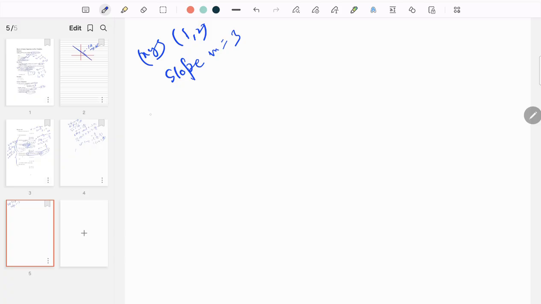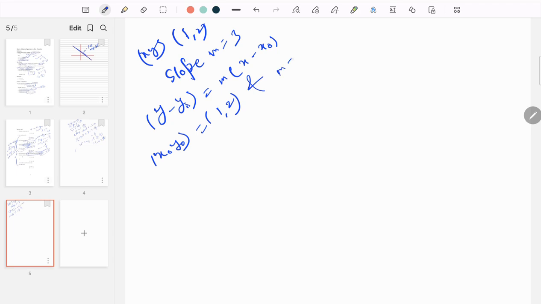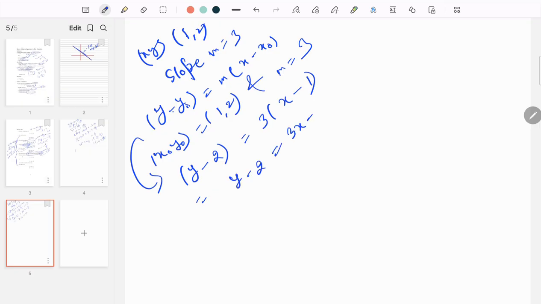So the solution is y minus y naught equal to m into x minus x naught, where (x naught, y naught) is the given point, that is (1, 2), and m is equal to 3. So put these values in the above. Y minus 2 equal to 3 into x minus 1. So y minus 2 equal to 3x minus 3.